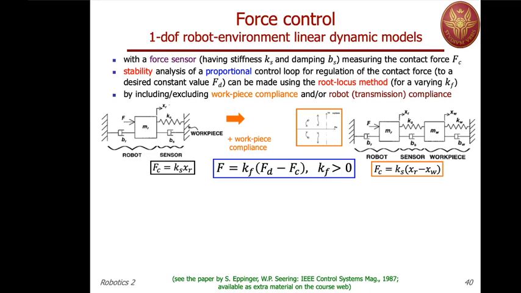If you look at the Laplace transform between the desired force in a control loop, or better say, even in open loop, between the commanded force and the actual controlled force Fc, you will find that this transfer function has, in fact, a dynamic of the fourth order, because there are two second-order differential equations. And there are also two zeros appearing in the transfer function.